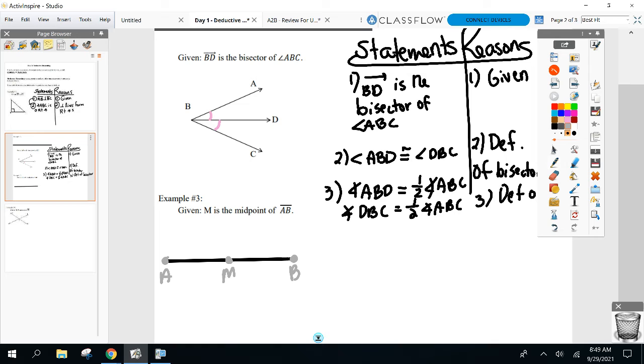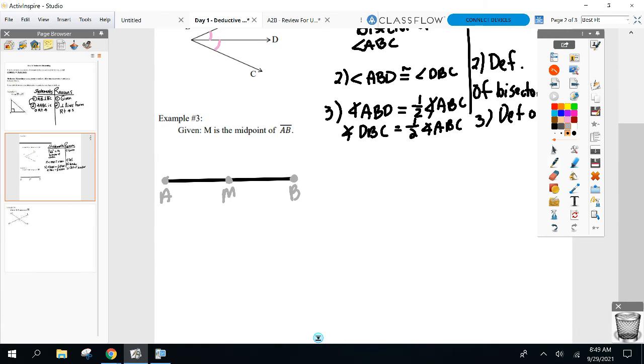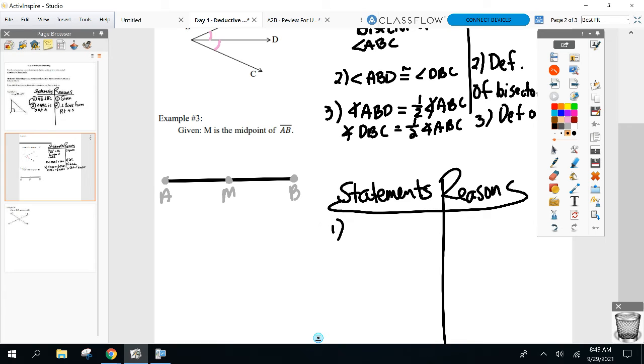Again, do we know what midpoint means? What's the effect of a midpoint? Vocab, vocab, vocab. We'll write our given in. We know that's true.